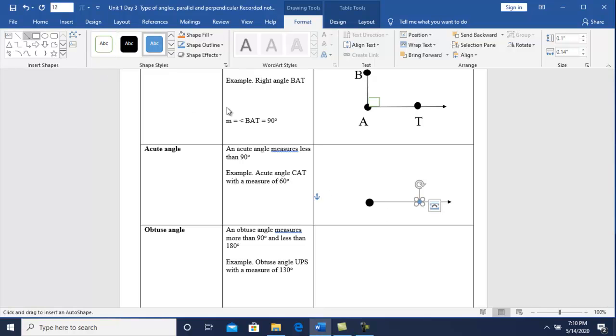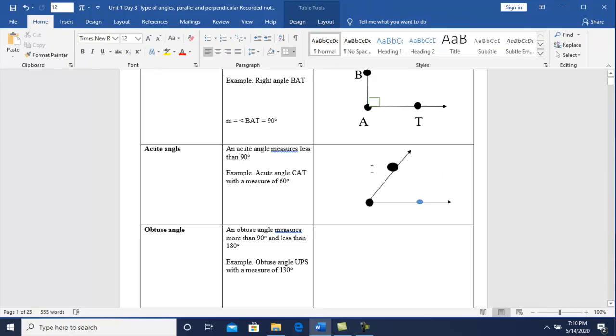Now for 60 degrees, we're going to go about right there. It's an estimate, since I don't have a protractor with me on the screen. So mark that, put a dot here, and then let's name it.